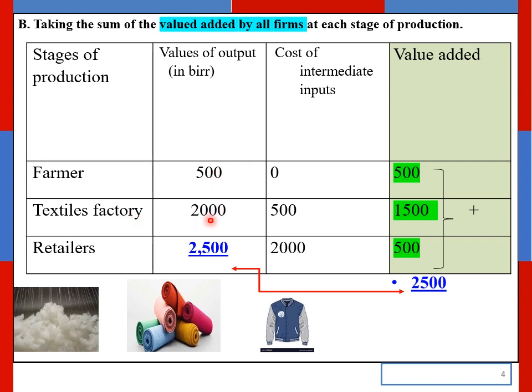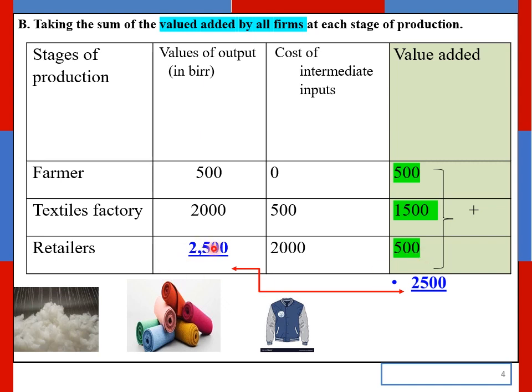Therefore, 2000 minus 500 is 1500. The retailer purchased the clothes from the textile factory for 2000. Therefore, it sells the jackets for 2500. Therefore, 2500 minus 2000 is equal to 500.